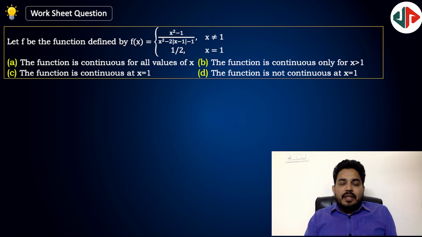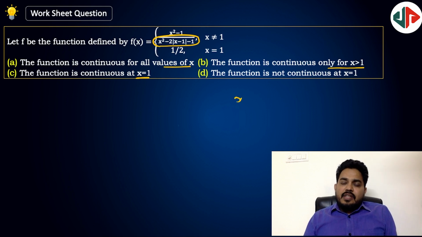So look at here, where the denominator, is there any chance of denominator going to be 0? And they're talking function is continuous for all real values of x. The function is continuous only for x greater than 1. Function is continuous at x is equal to 1, etc. So look at here.